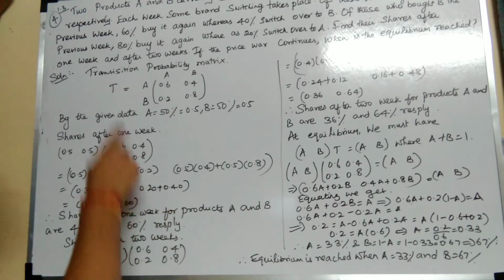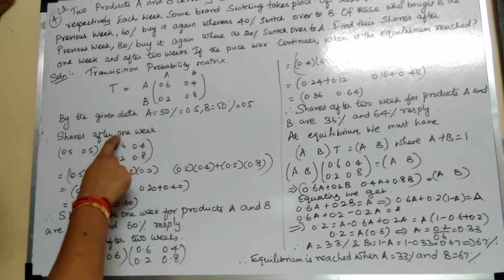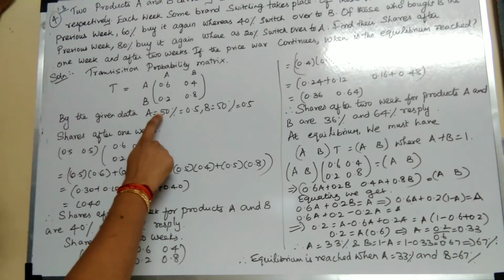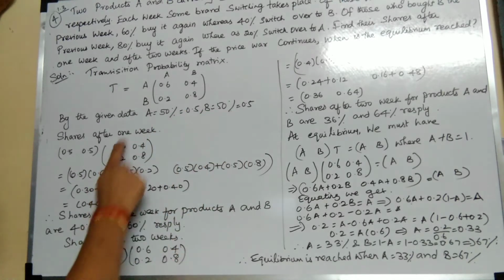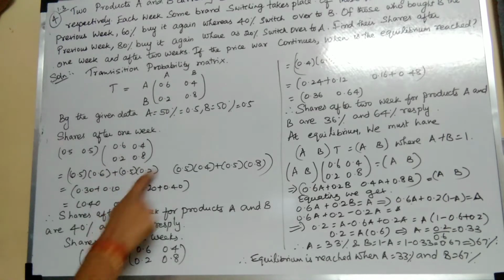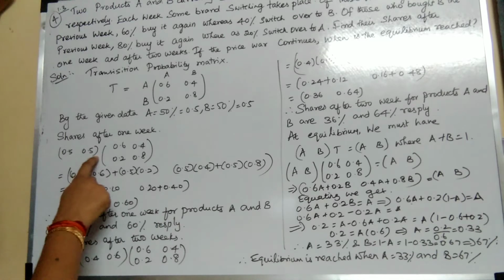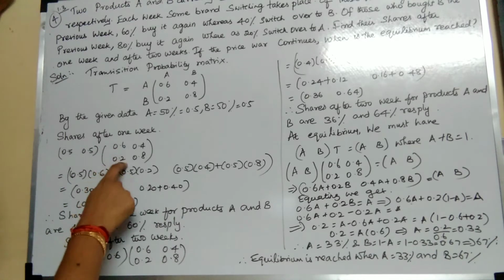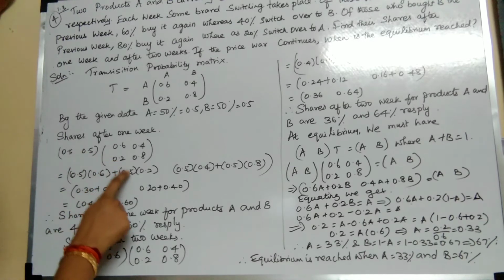So find their shares in 1 week and the next consecutive second week. The share in the first week: the first matrix is AB, 0.5, 0.5, and the second is your transition matrix 0.6, 0.4, 0.2, 0.8. Using the matrix form you multiply row 1 and column 1: 0.5 into 0.6, plus 0.5 into 0.2.